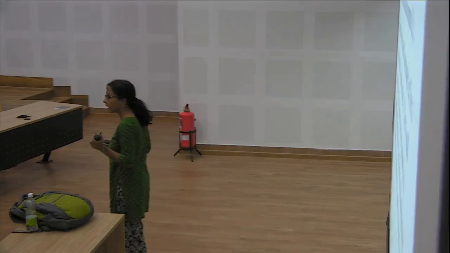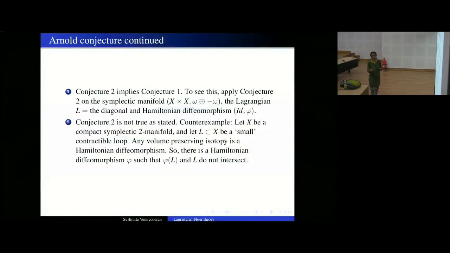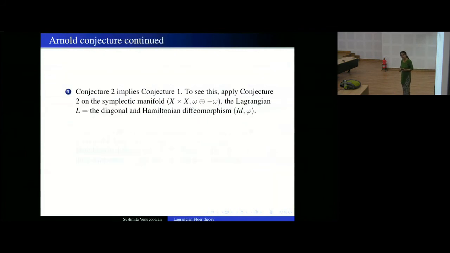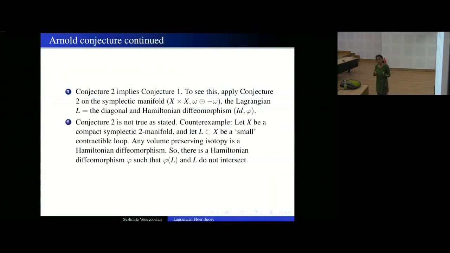Unfortunately, conjecture 2 as stated by Arnold is not quite true. Let me go back to the conjecture for a second and play around with it a little bit. Let's take X to be a 2-manifold, a Riemann surface. A Riemann surface has a symplectic form, and any one-manifold in it is a Lagrangian.